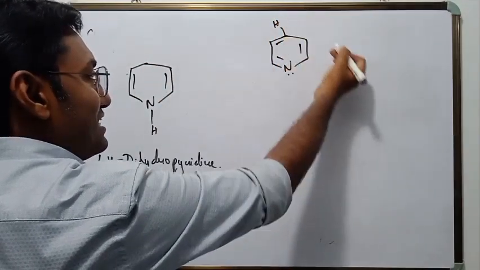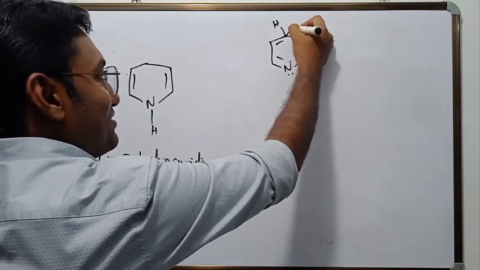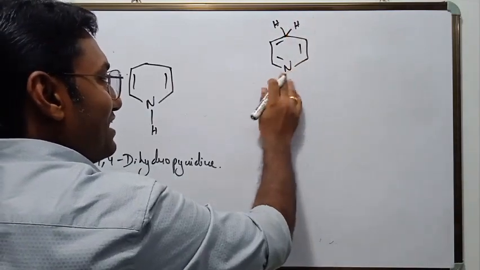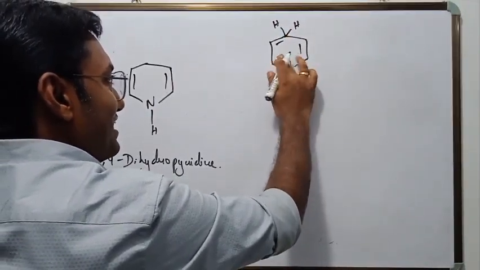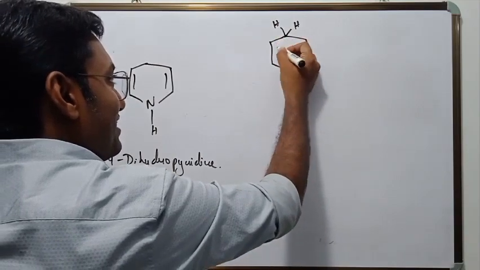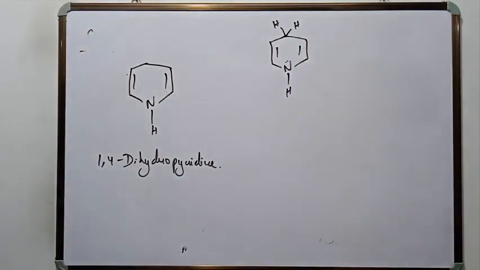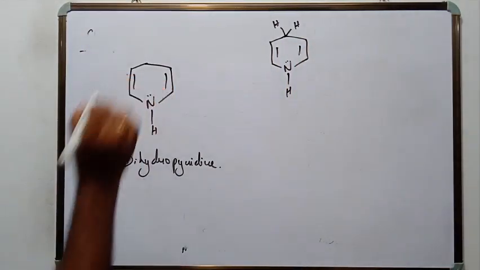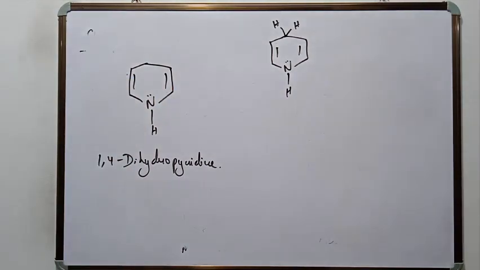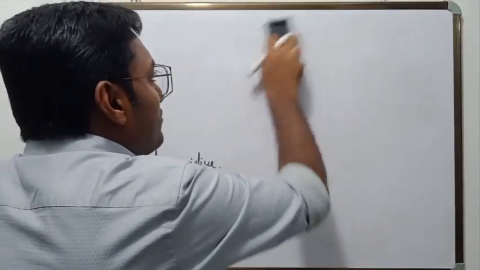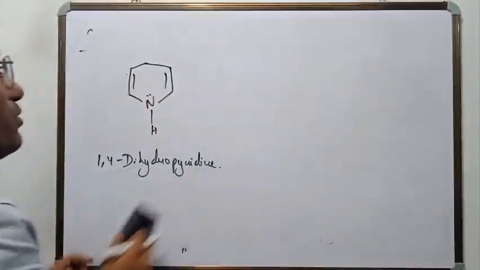One hydrogen will get attached here, and it will become like this. The lone pair is still with that. Here I have forgotten to put the lone pair. So this is 1,4-dihydropyridine. It is a basic moiety in many drugs.